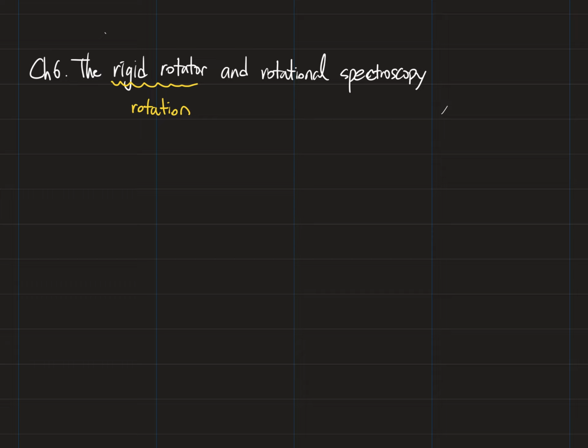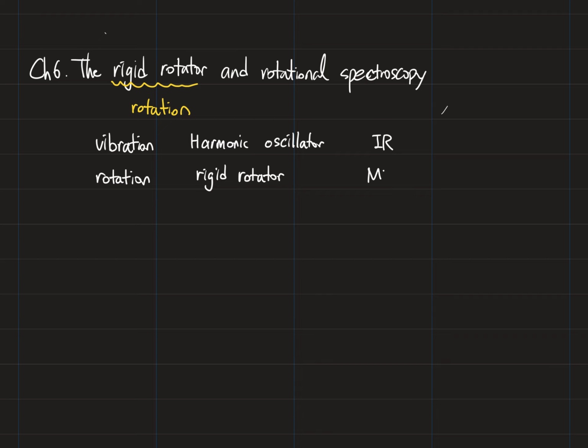So vibration can be described by the harmonic oscillator, and its frequency is in the infrared region. Chapter 6 is rotation motion, and this is described by the rigid rotator. And this corresponds to the microwave region.